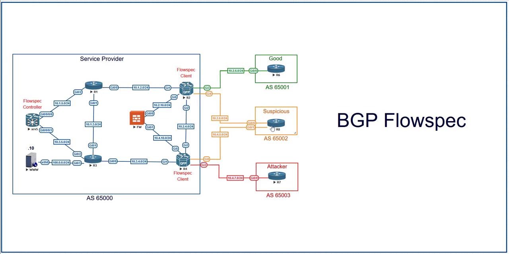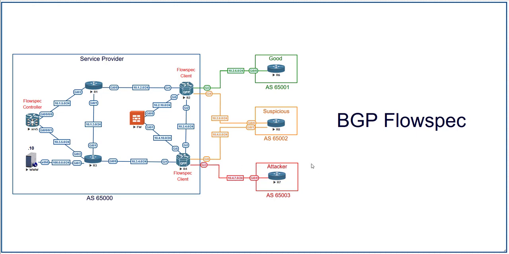And after ensuring that the traffic doesn't have any malicious part, the traffic can go to the web server. But the attacker traffic should be dropped at the edge of the network.